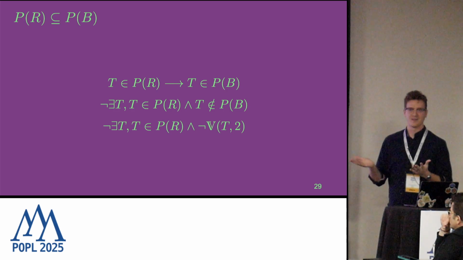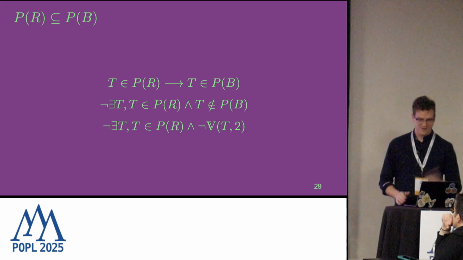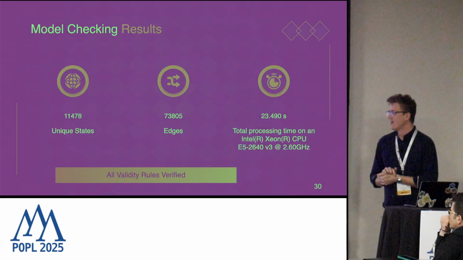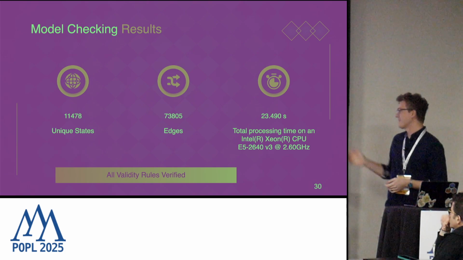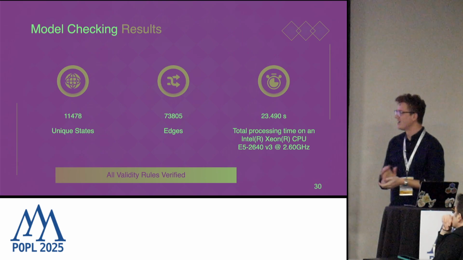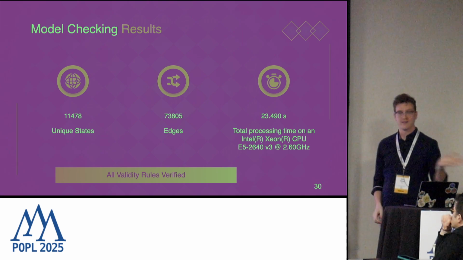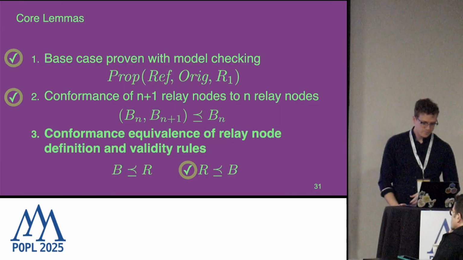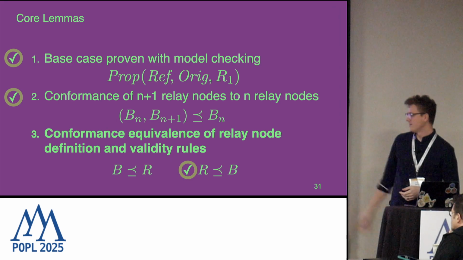Which happens to be something that a model checker is very good at checking for us. I'm a big fan of model checking, and we go ahead and do that. And it takes a little bit longer as far as computation goes, but in 24 seconds, we're able to prove that there doesn't exist a trace that violates these partial order rules. So that gives us this half of the disjunction.